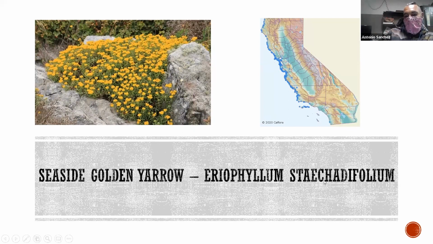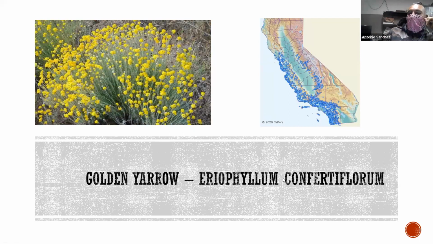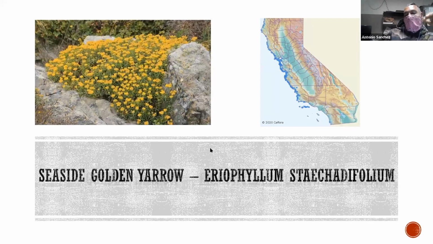Eriophyllum staechadifolium. I'm going to switch screens. Eriophyllum confertiflorum. So these are basically like gorillas and monkeys and chimpanzees. They're very closely related, like humans are in the Homo genus, related to gorillas and monkeys. This is in the same genus, Eriophyllum. But for whatever reason, staechadifolium always hangs out by the ocean.